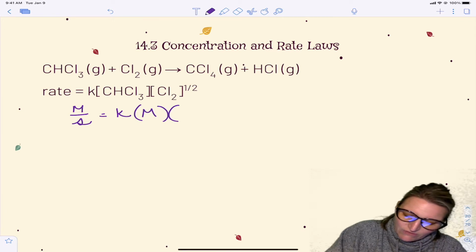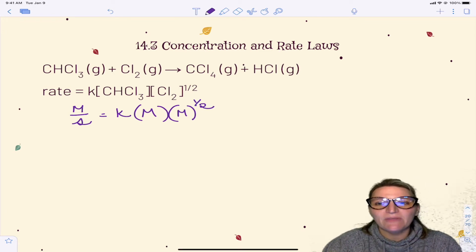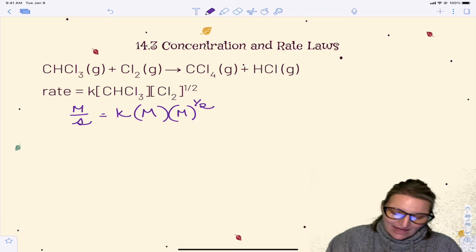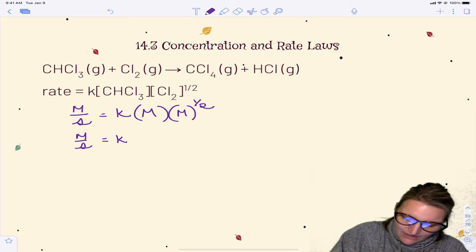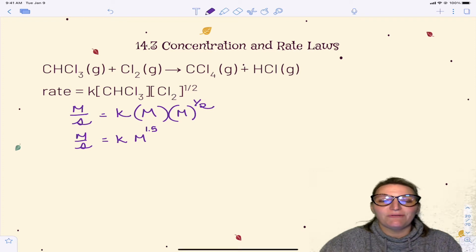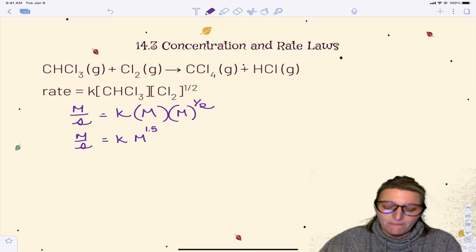The concentration of Cl2 would be molarity raised to the 1/2 power. When I multiply two quantities that have the same base, I add the exponents. Molarity per second equals k times molarity to the 1.5. You could write that as 1.5, as 1 and 1/2, or as 3/2. They're all the same number.